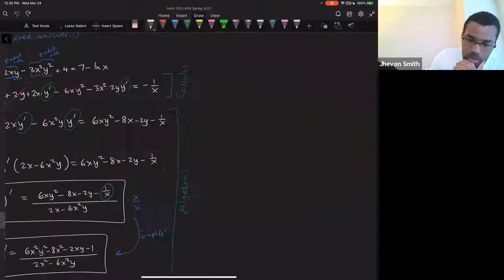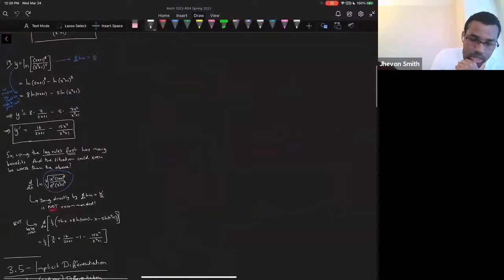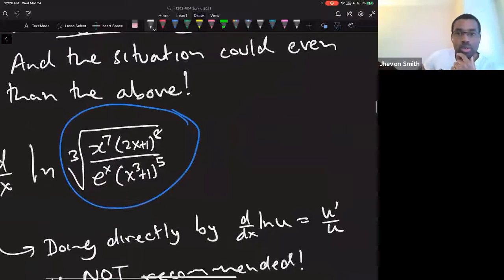Again, going back to two sessions ago, to actually differentiate the cube root of that monstrosity, you'd have to apply the chain rule, then multiply by the derivative of the inside, where you're applying a quotient rule, and while you're doing that, you have to do the product rule, and while you're doing that, you have to do the chain rule. It gets really messy really fast, right?